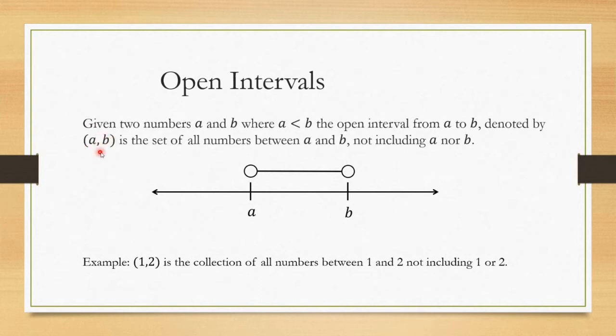This denotes an open interval. By definition, this is the set of all numbers between a and b, but you don't include a and b. That's really the important point here. You're not including a and you're not including b, neither one of them.